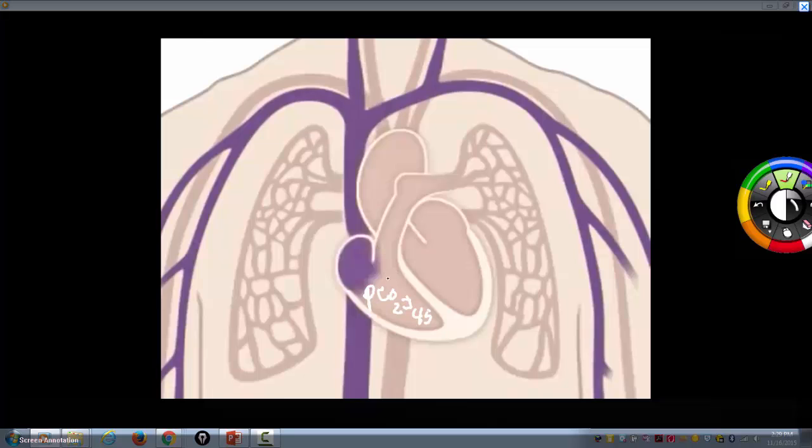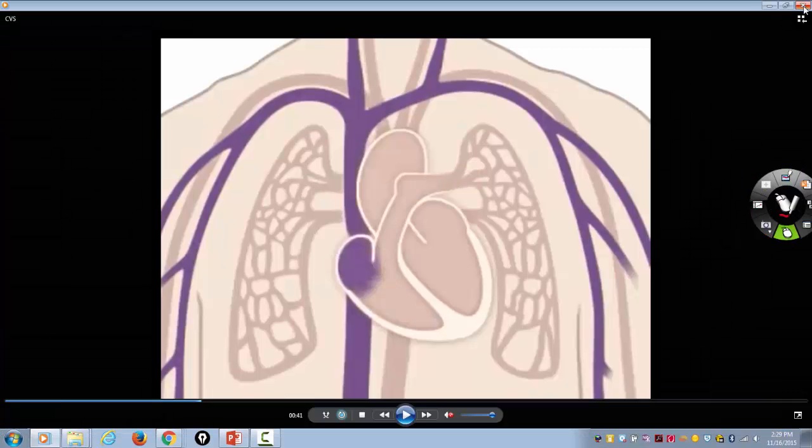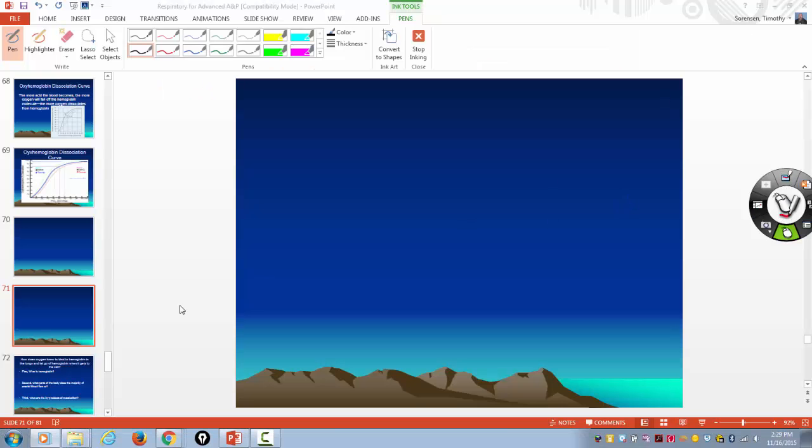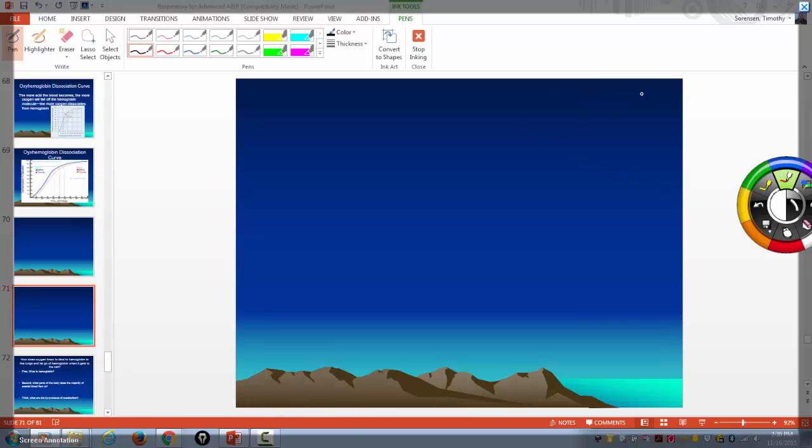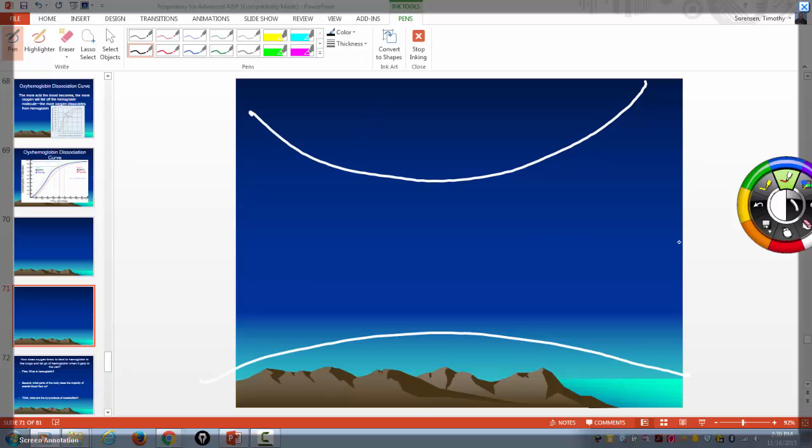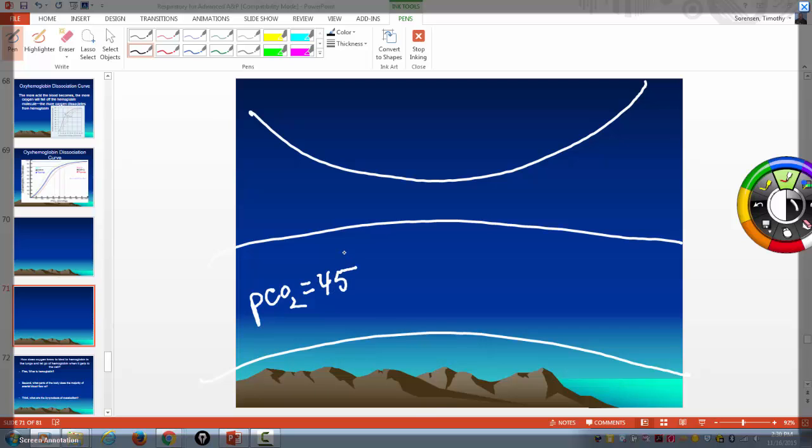And now that blood with the high PCO2 is going to go through the left and right pulmonary arteries, pulmonary arterioles, and then get to the pulmonary capillaries. Good. So what's the PCO2 of that blood being pumped to the pulmonary capillaries? That PCO2 is 45. Where do you want the CO2 to go? You want it to go out, right?